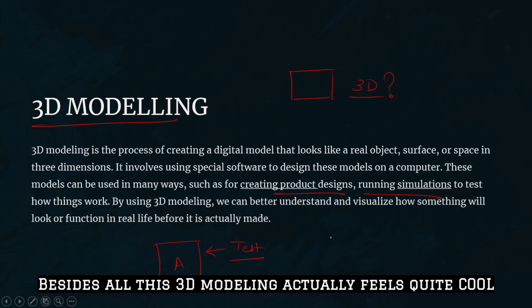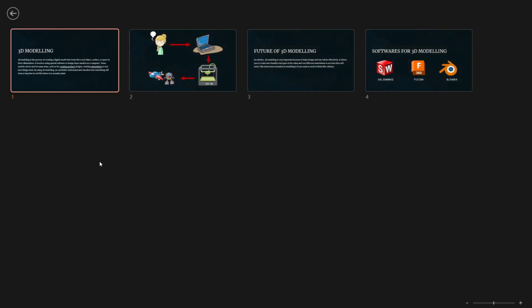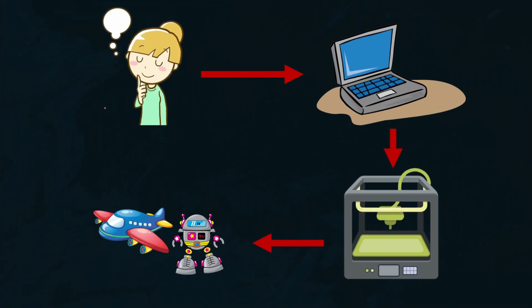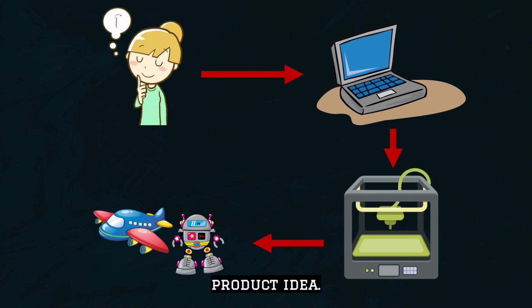Besides all this, 3D modeling actually feels quite cool. Let me explain why. Okay, imagine you come up with a unique product idea. Now to create that product, you can use some 3D modeling software and design the product on the computer.